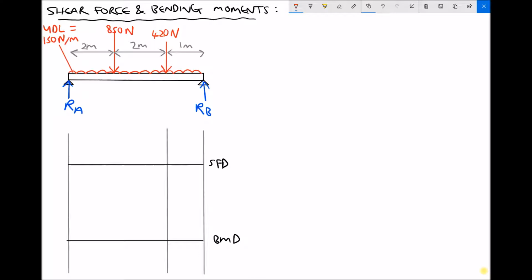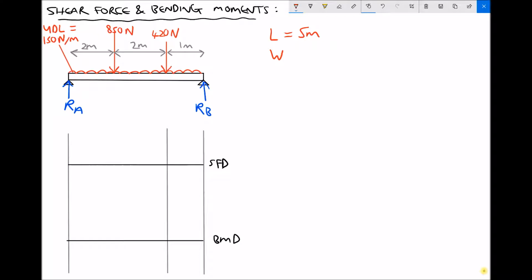Now if we look at our diagram there, we can see that the length of our beam is 5 meters because we have a 2 meter section plus a 2 meter section plus a 1 meter section. So the total length of our beam is 5 meters. And we want to find the size of the equivalent point load that will replace our 150 Newton per meter UDL.